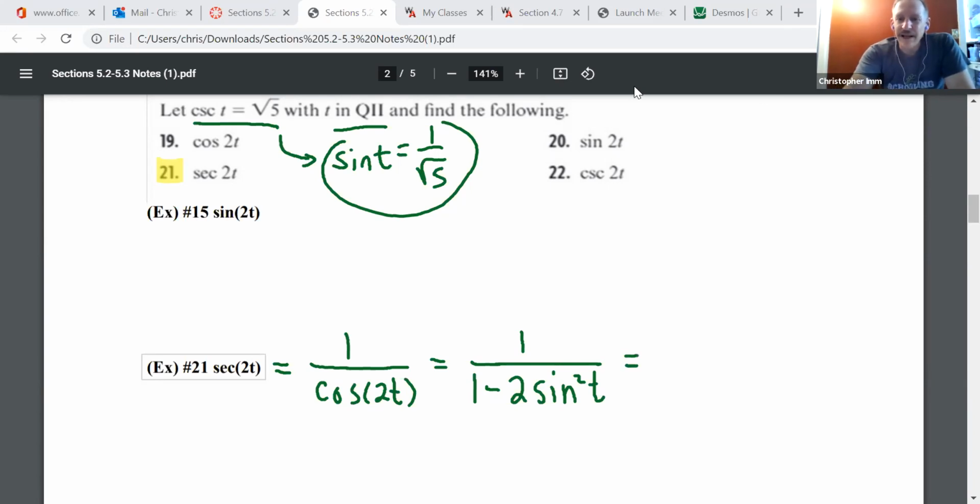So I'm going to have 1 over 1 minus 2. How do I plug that in, Jay? What will I have for my denominator there when sine of t is 1 over root 5?